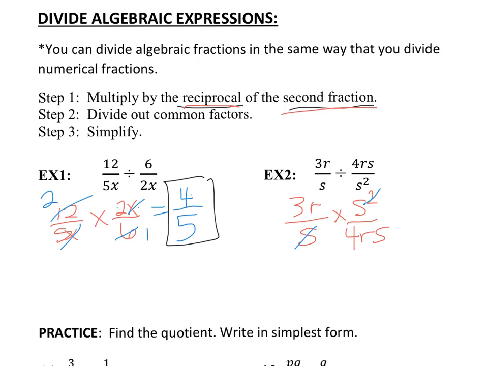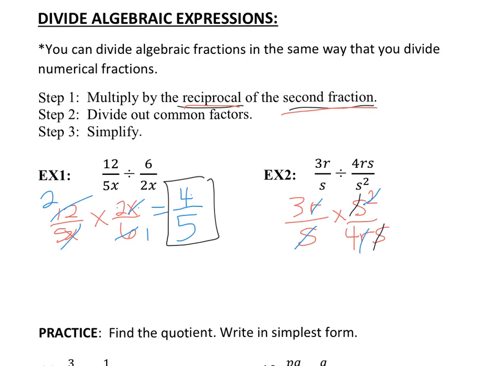And then the 3r and the 4rs, I can cross cancel the r and the r, but the 3 and the 4 have to stay the same. There's nothing I can cross cancel. And the last one I can cross cancel, as you can tell, there is an s in the numerator and an s in the denominator, so those can also cross cancel.